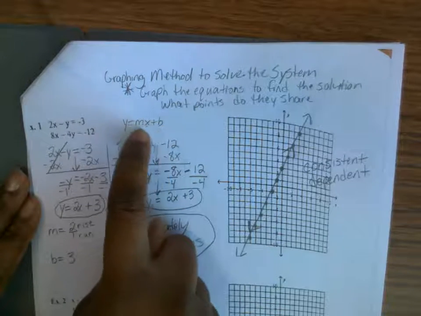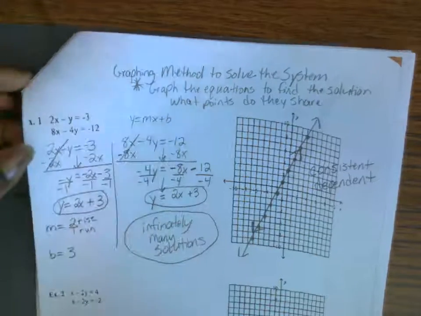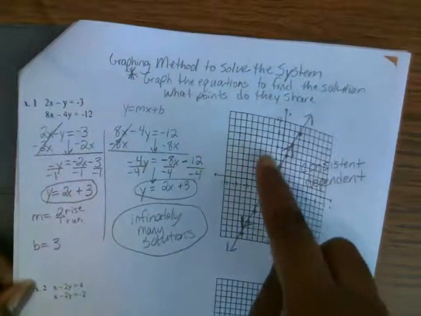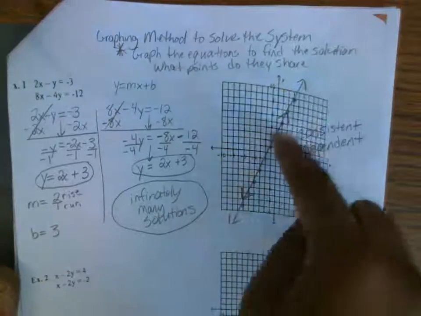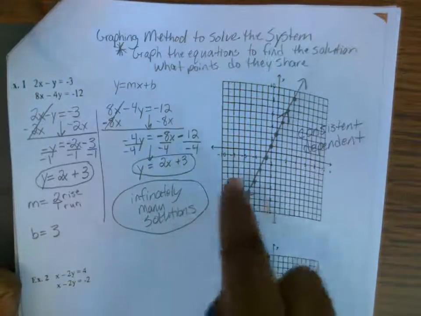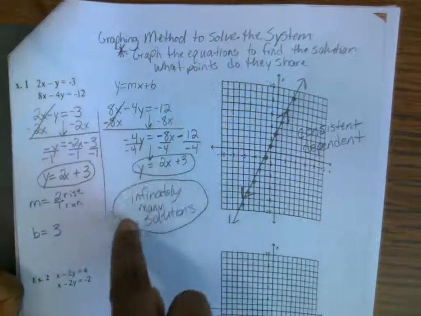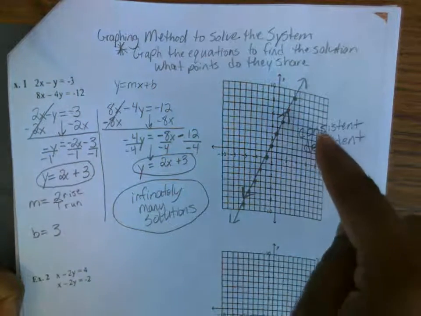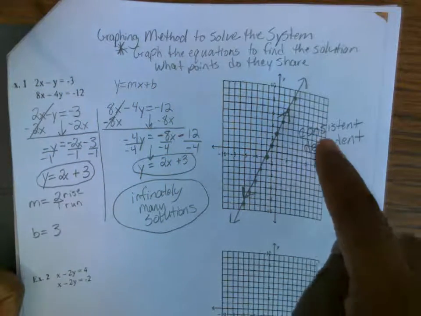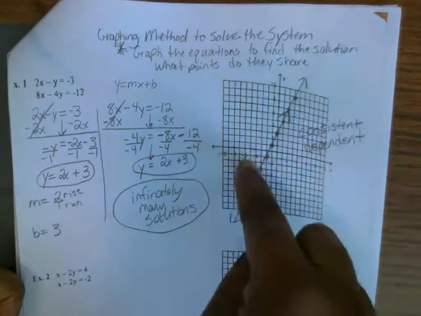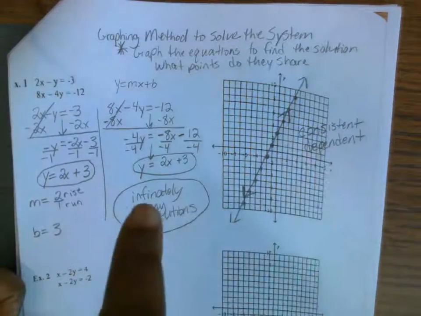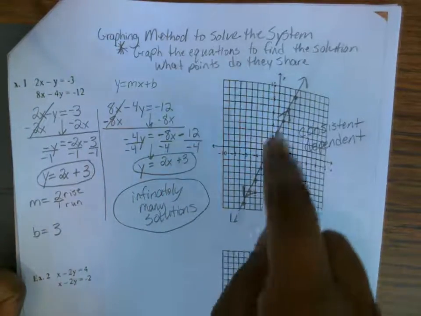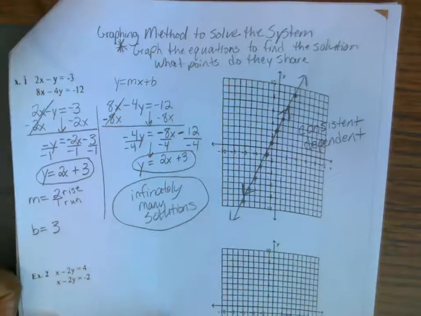That's y equals mx plus b. And that's what we did in these examples. We graphed both equations. And if the equations were right on top of each other, just like in this example, the answer is infinitely many solutions. And we gave it description words. We described it as being consistent because they touch, dependent because they're right on top of each other and they share all of the same points.